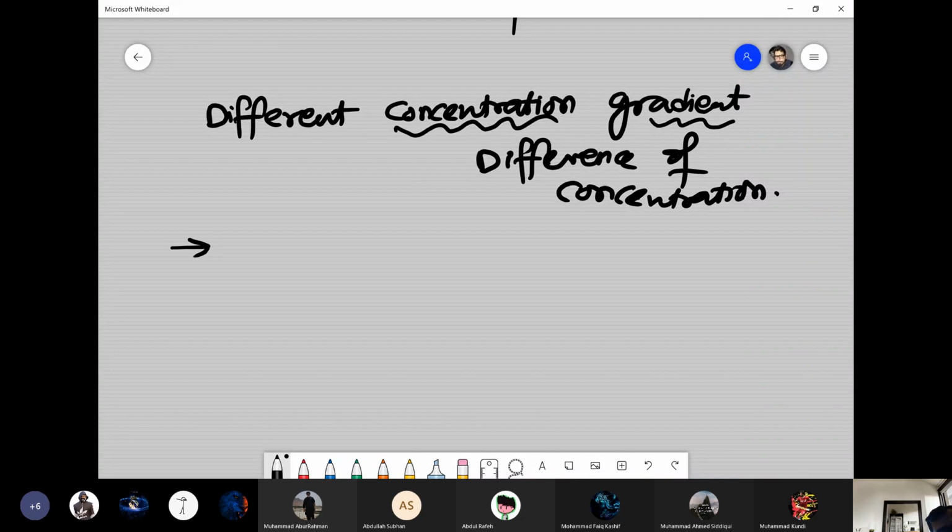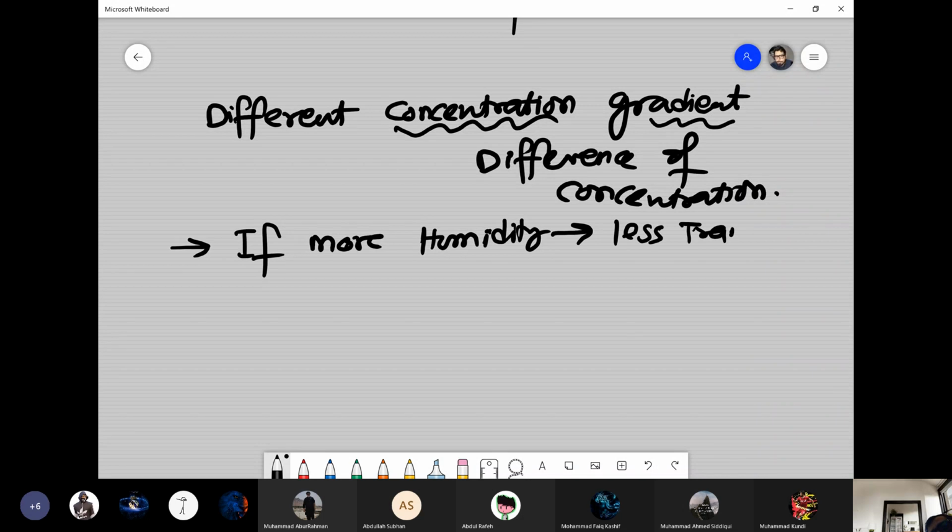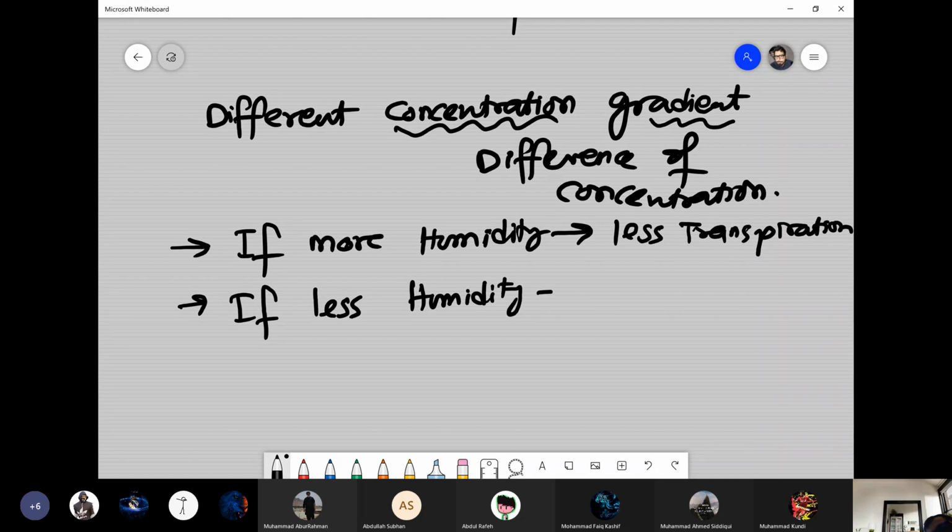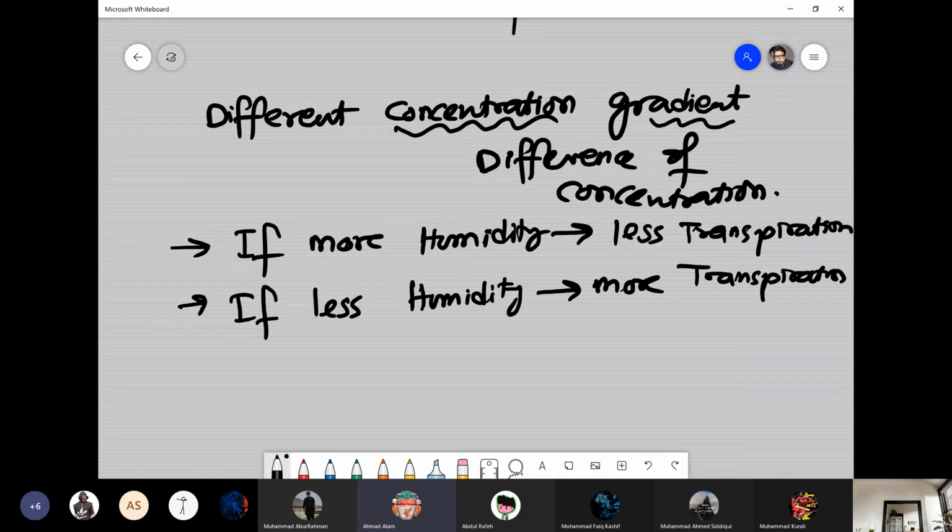So let me write over here: if more humidity, less transpiration, and if less humidity, then more transpiration. Right, boys? Yes, sir. Understood, everyone? Yes, sir.